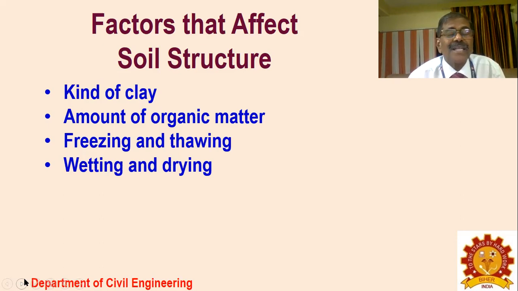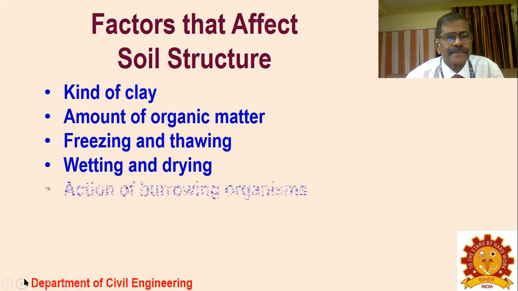That is a form of decay. So wetting and drying is a way of decaying or weathering of the material. The top material loses its strength because of wetting and drying, which is one of the important factors affecting soil structure.